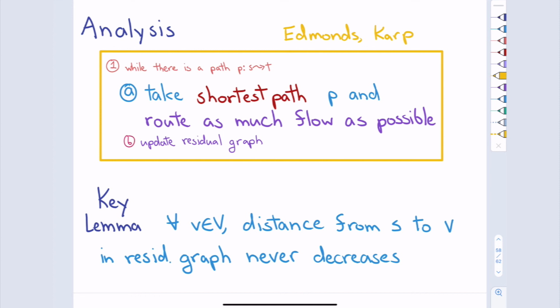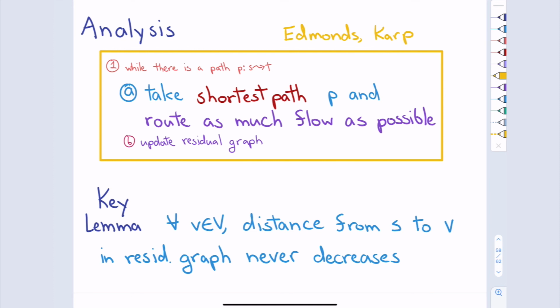We show that the distance labels go up over time, and that's how we measure progress. S is always at level 0, and gradually the vertices go farther and farther away, and I have to route along longer and longer paths from S to T.